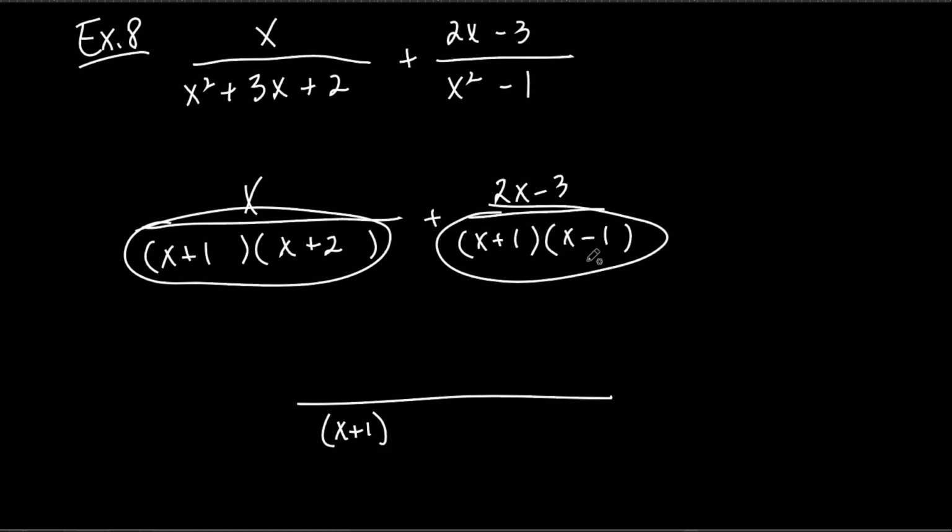I got an x minus 1. Now, it only shows up in one place. Is that all right? Yeah, it can show up in just one place. It doesn't have to be in both spots. It just has to show up somewhere in here. And then, what else shows up? An x plus 2. So that right there is your common denominator.